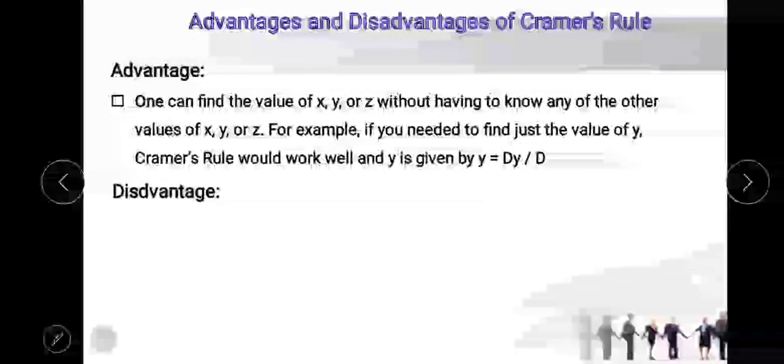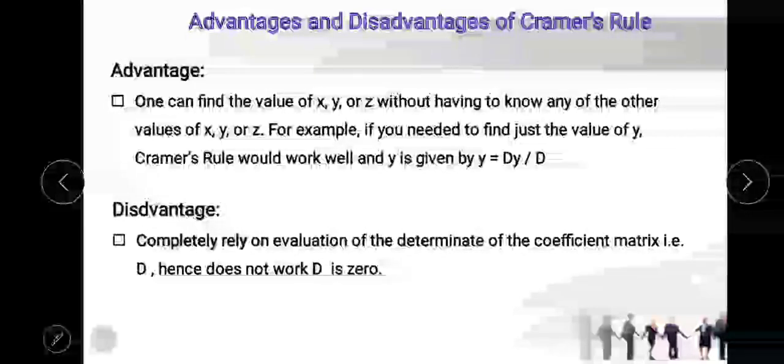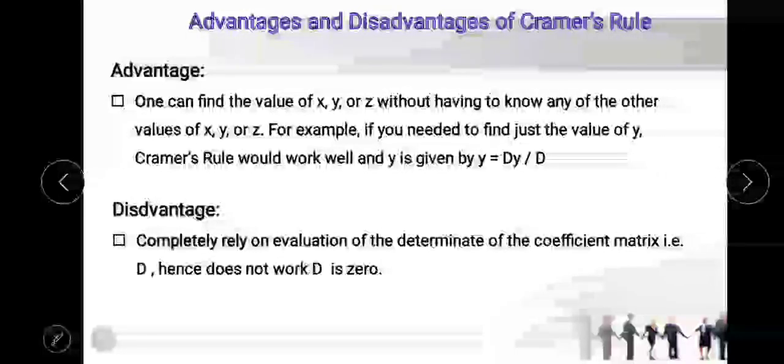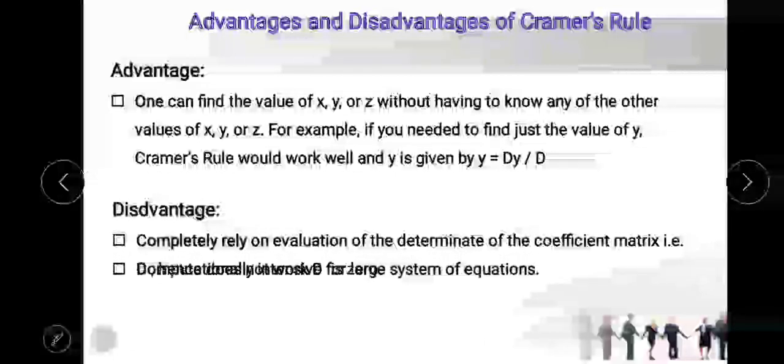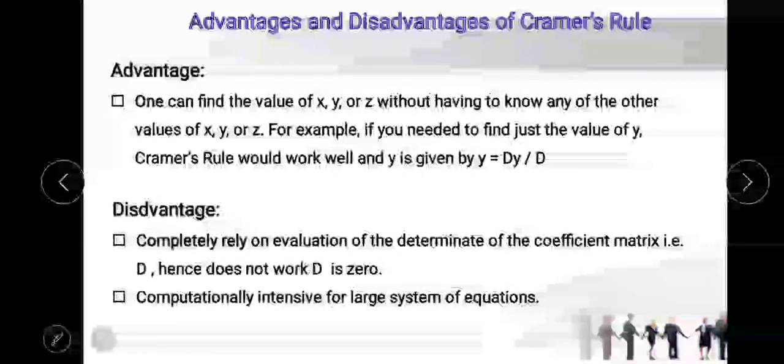The only disadvantage is that it completely relies on the determinant of the coefficient matrix, that is d. Hence, if d is 0, then this rule does not work. This method is very tedious if we have a large system of equations. That is, it is computationally intensive for a large system of equations.